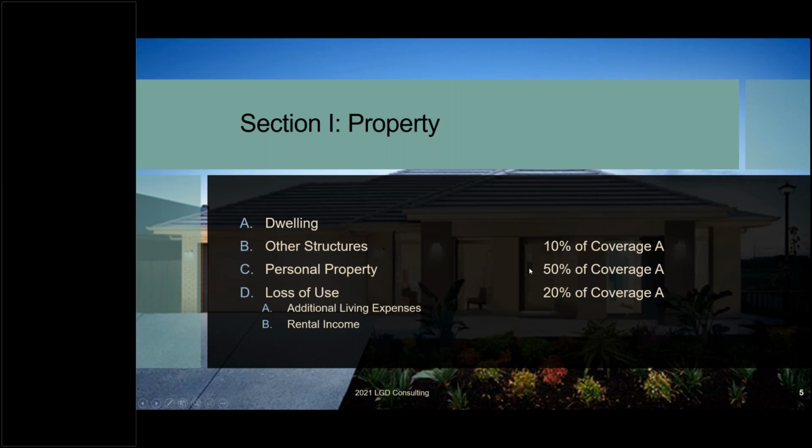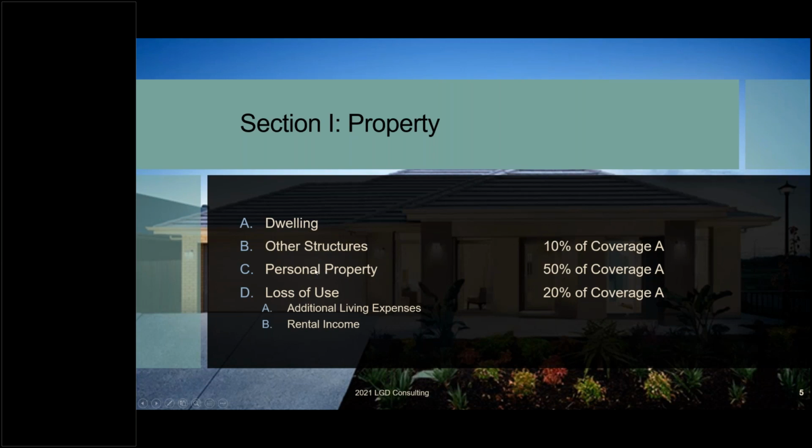This is 50%, which is $200,000, and this is 20%, which is $80,000. So this policy pays $400,000 plus $40,000 plus $200,000 plus $80,000 at a total loss. It can pay up to that amount. That's how you want to understand that. You've got to get these percentages down for these coverage parts.